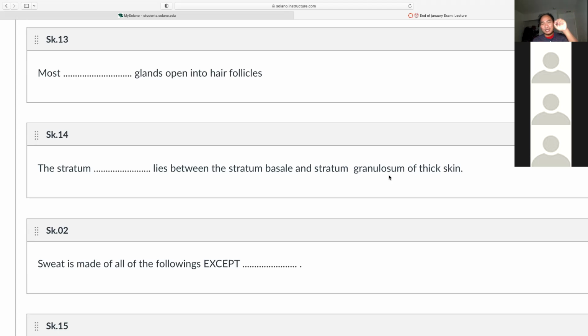There are 2 layers, epidermis and dermis. Dermis is the connective tissue layer, epidermis is the epithelial tissue layer, and we divide the epidermis into 5. They are stratum basale, next spinosum, next granulosum, then lucidum, and then corneum. 5 layers of the epidermis.